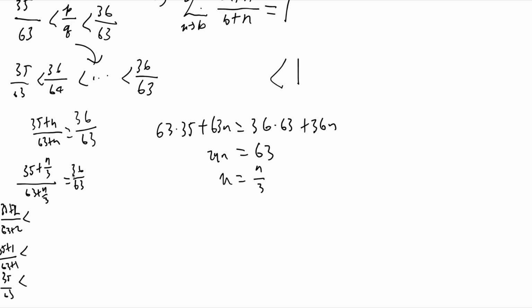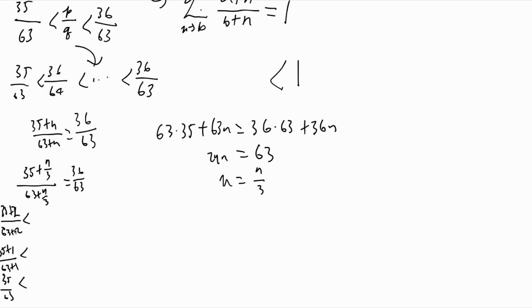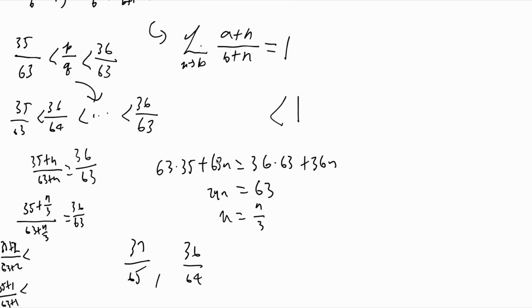So we can conclude that P over Q should be one of these two values, 37 over 65 and 36 over 64. These are the only choices, or else our inequality will not make sense.